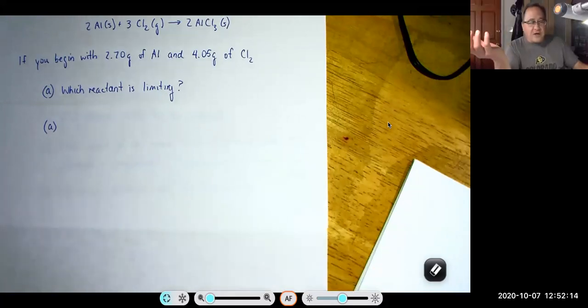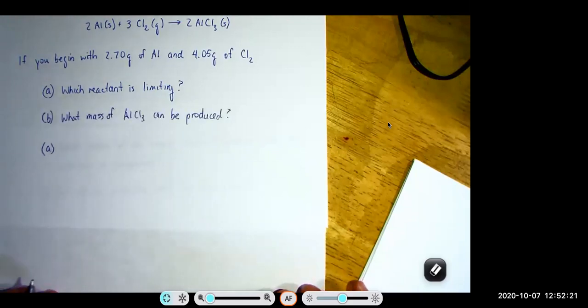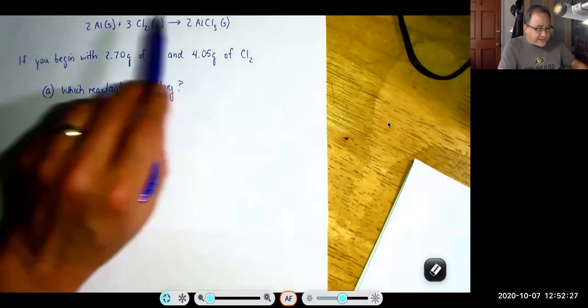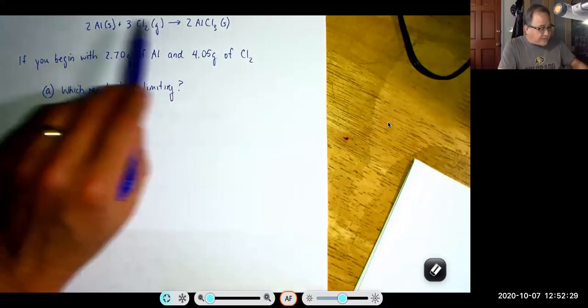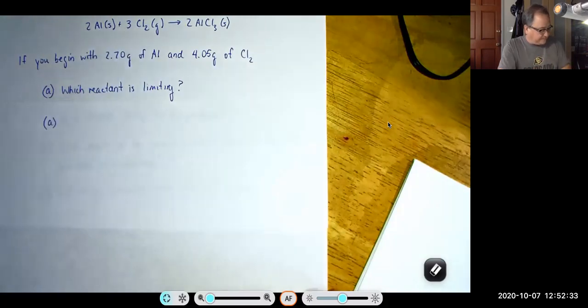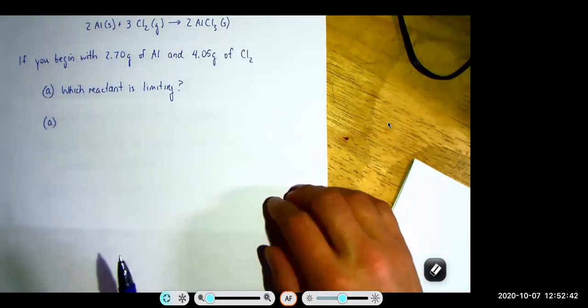It's your choice. Do you want to figure out the mass of aluminum chloride that you make from this, the mass you make from this, or do you want to figure out how much you need of one based on the other? Let's do the one where you get the mass of the aluminum part from the end product.